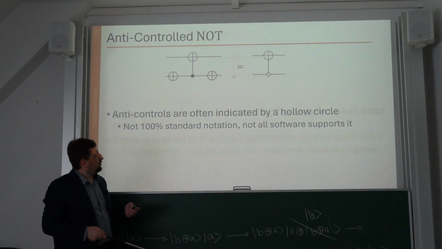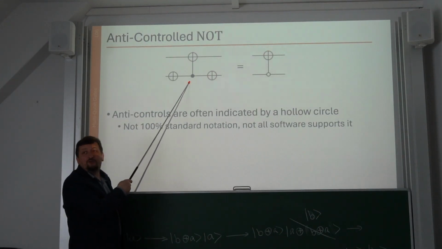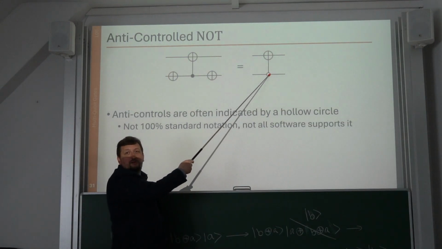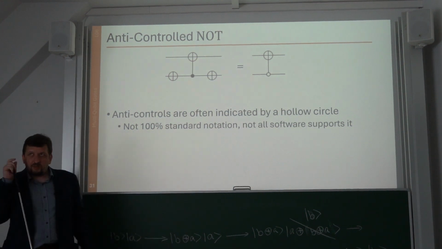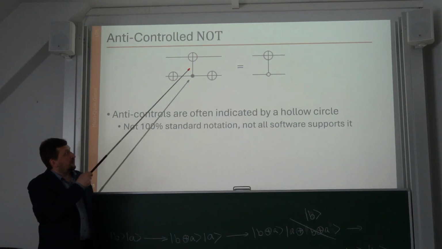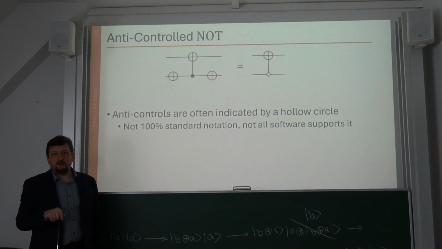There is even a special notation for this. This anti-control gate is often notated with a hollow circle. It's not 100% standard notation, but it appears in research papers. There is a possibility to create such gates in some quantum simulators.